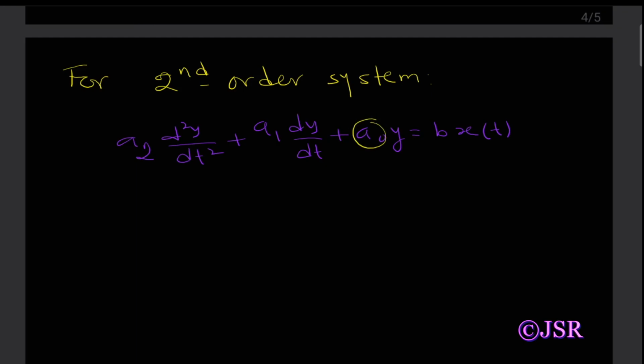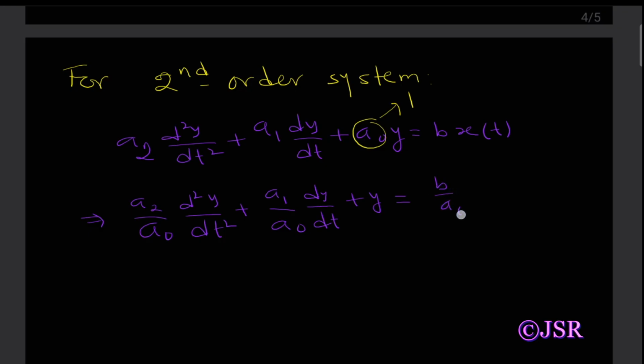So again we have to make the coefficient of y as 1 before doing the Laplace transform. So let's divide the whole expression by a naught. We will get a2 by a naught d square y by dt square plus a1 by a naught dy by dt plus y equal to b upon a naught x of t.